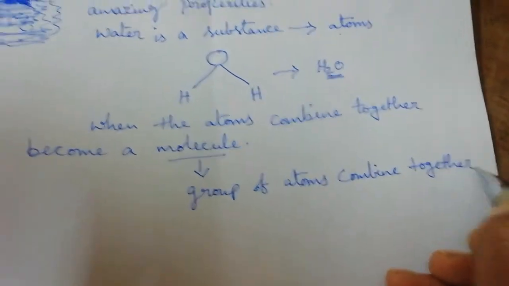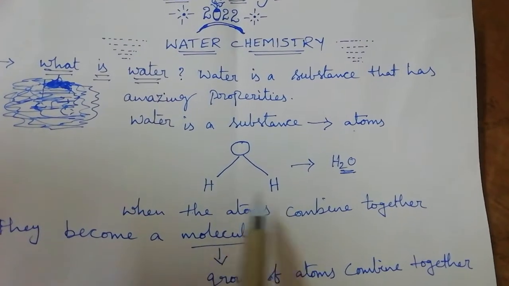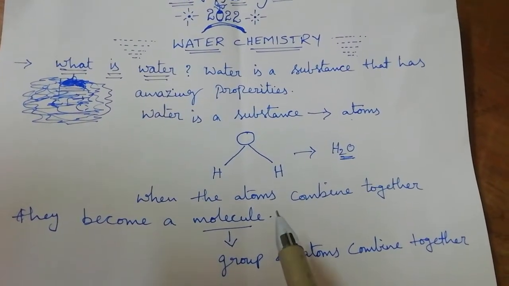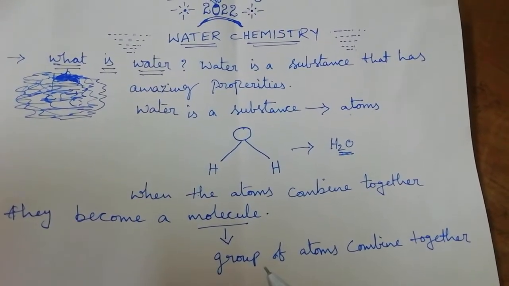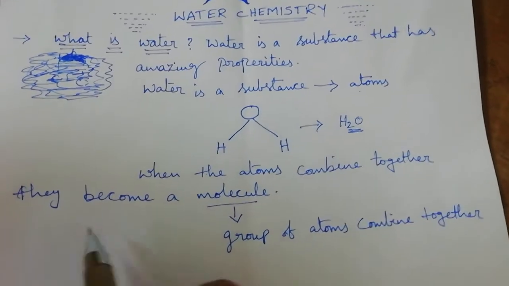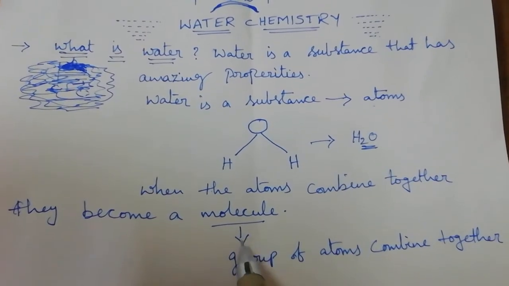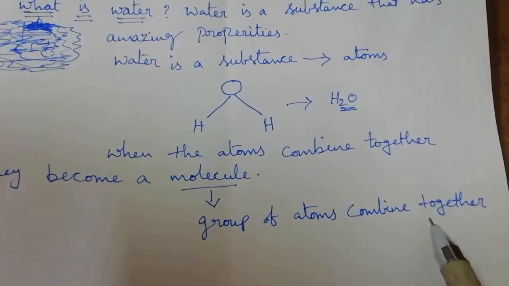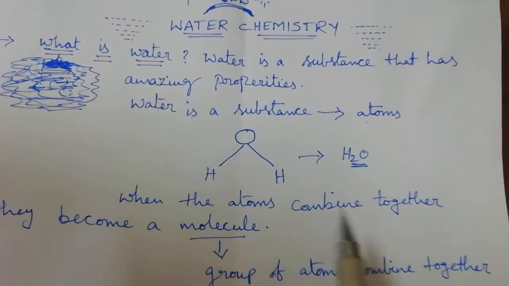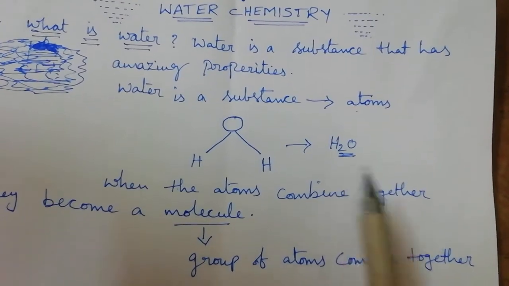So water is made up of two hydrogen atoms and one oxygen atom. An atom is the smallest particle of a chemical element that can exist, and when atoms combine together they become a molecule. So a molecule is a group of atoms combined together. In a chemical equation we write H2O for water.